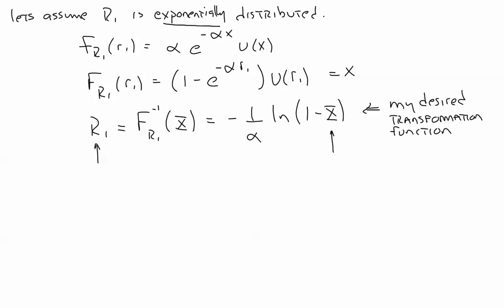We've also found earlier that the mean value for exponentially distributed data is 1 over alpha, and we've also seen that the variance is 1 over alpha squared. Okay?